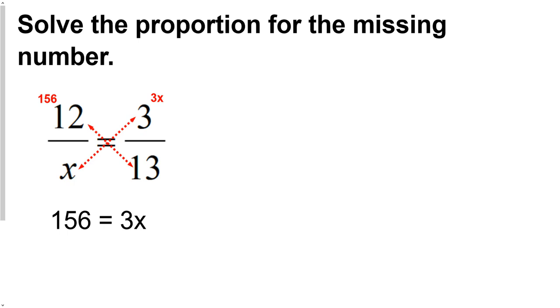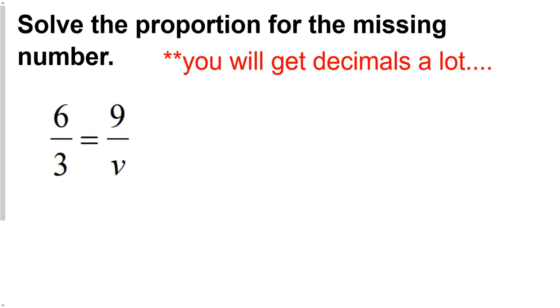Now take this 3 and drag it underneath this other side, and you'd type into your calculator 156 divided by 3, and we would get 52. If you plug 52 into this one right here, it would indeed make this proportion true. So 52 is your answer. That's the missing number.